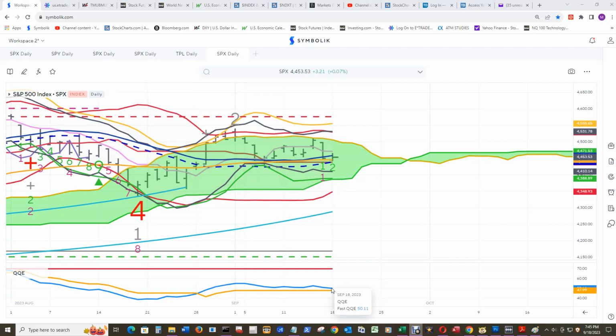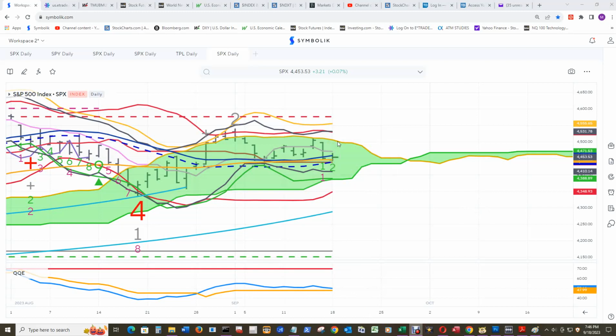And the fast QQE is taking a little bit of a downwards trajectory towards the still flat slow QQE. So that's poised for a cross under of that slow QQE by the fast. So that would be an ominous sign there.